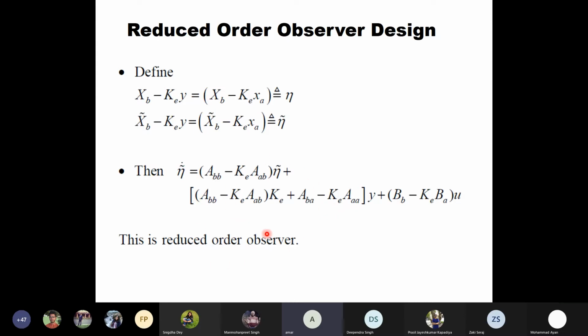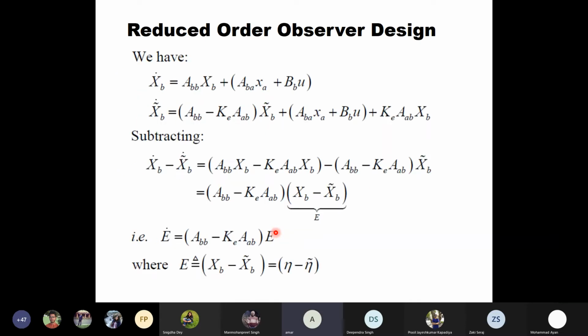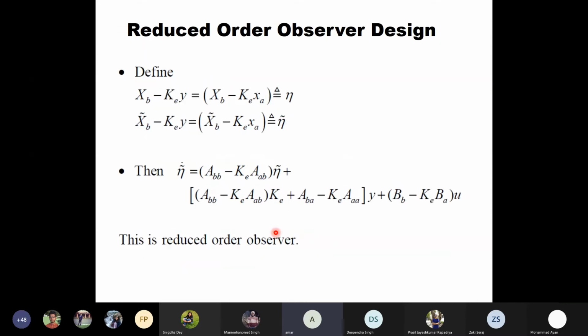This expression is basically the reduced order observer. Now, in this, we have to find out the reduced order observer gain.